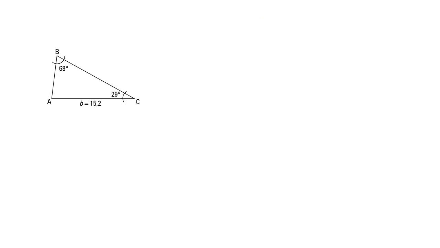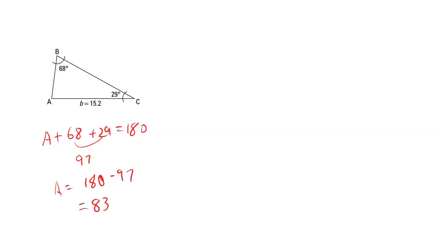Let's move on. Another of the same thing. Okay, so this time A plus 68 plus 29 is 180. If you add these two, that's 97. So if you subtract 97, that would be 83 degrees.